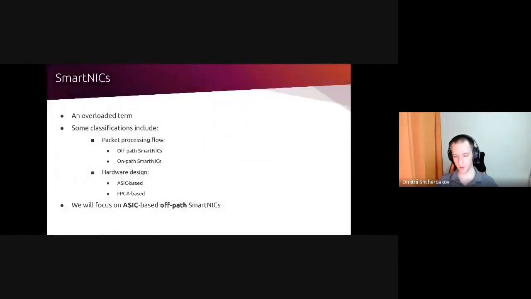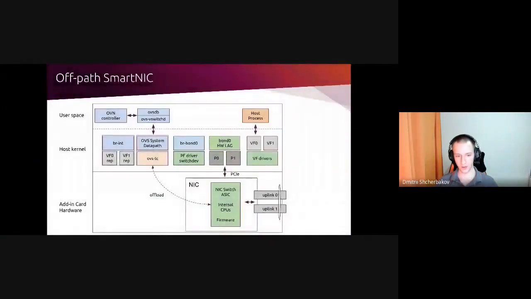SmartNICs are an overloaded term. There are different classifications, but we're going to talk about ASIC-based off-path SmartNICs. To illustrate what a SmartNIC is, you'll typically have a NIC switch in the off-path ASIC-based SmartNIC case. It's an ASIC that can be programmed via a data path such as the OVS system data path integrated with OVS TC.